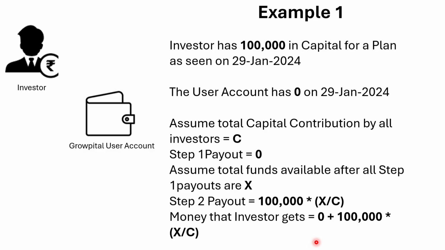As part of the step 1 payout, he gets 0 because he never had anything in his user account on the 29 Jan 2024. Let's further assume that the total funds available after all step 1 payouts are X. So the investor will get step 2 payout as his capital contribution, which is 1 lakh into X divided by C, and the total money that the investor gets is 0 plus a fraction of 1 lakh, depending on what the values of X and C are.